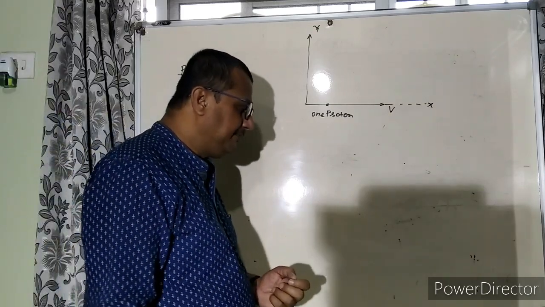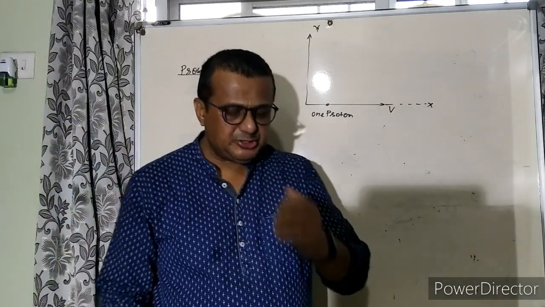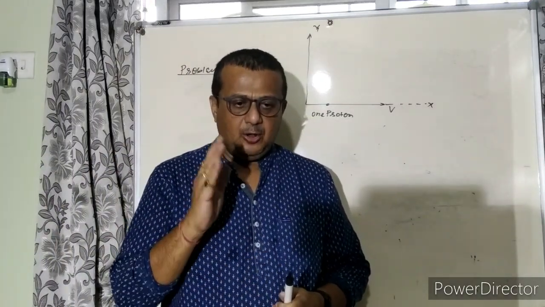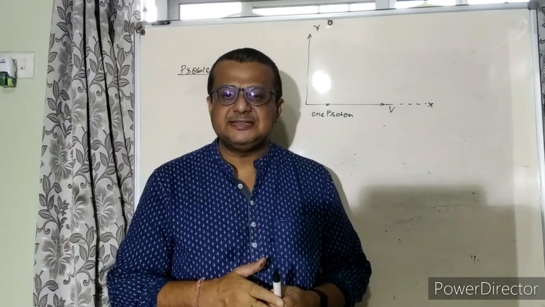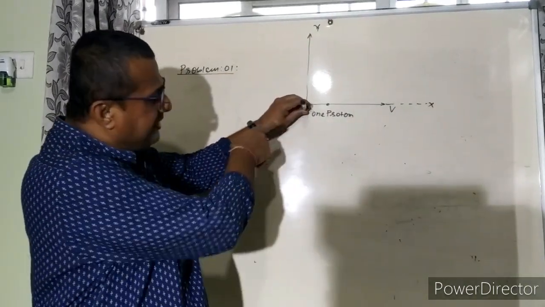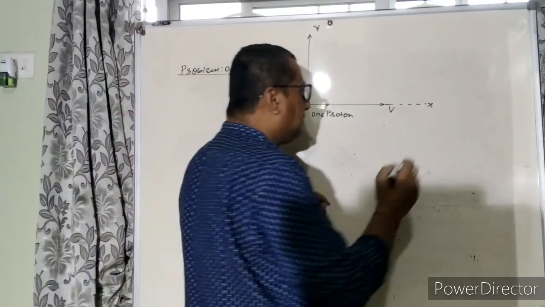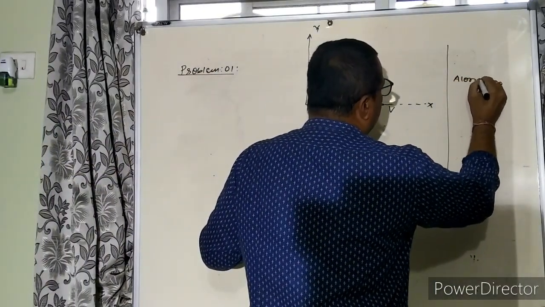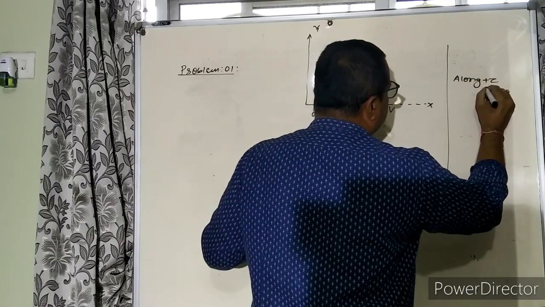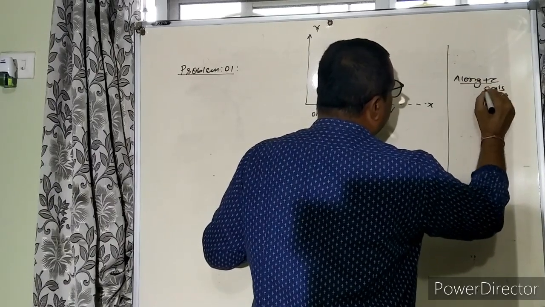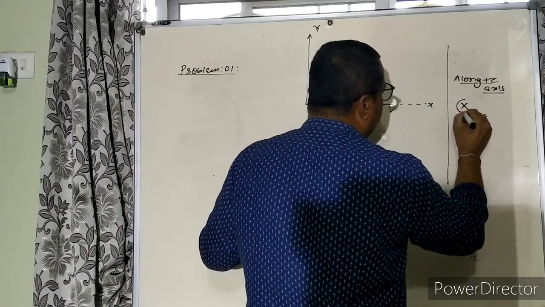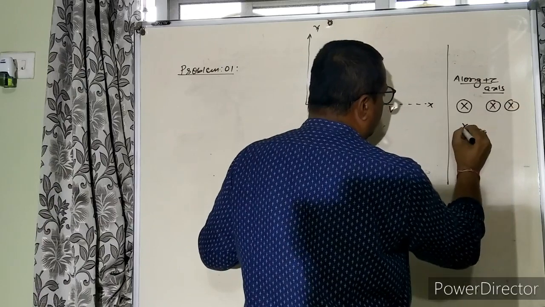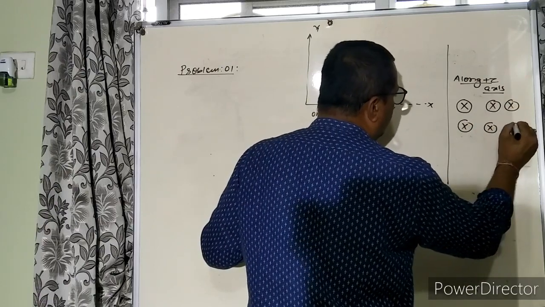Our technique is that if the magnetic field is acting along plus z-axis, along this direction, then it will be denoted by a cross.